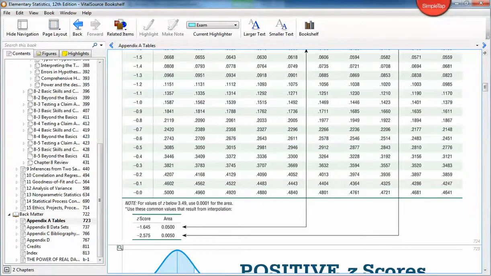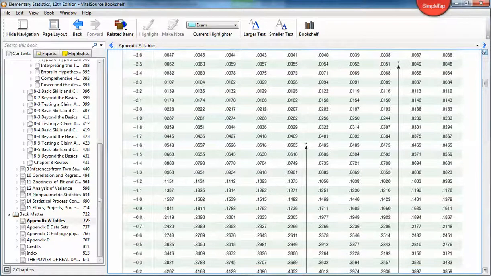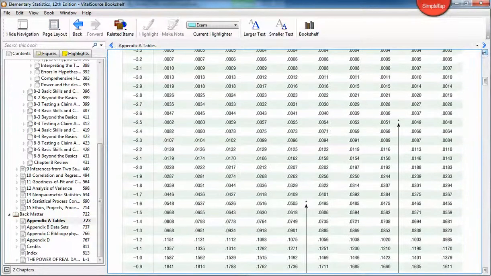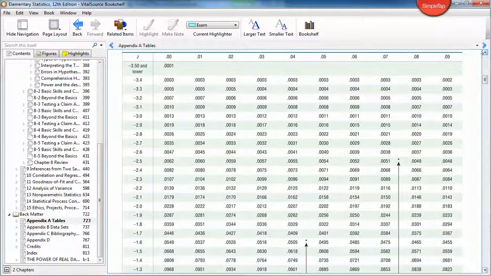Let's see. I wish I had it in front of me. It's hard to tell. Oh, okay. Yeah, that was 0.0256 and this is 0.0250. So negative 1.96.